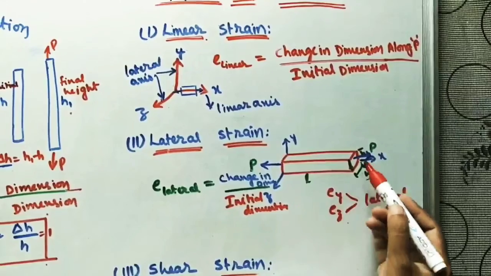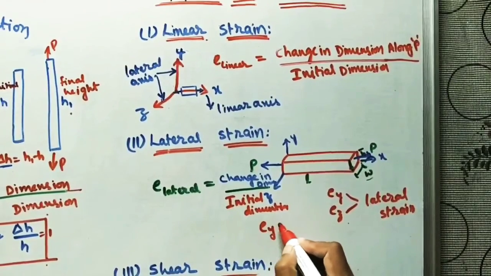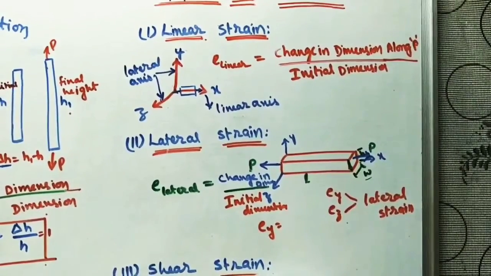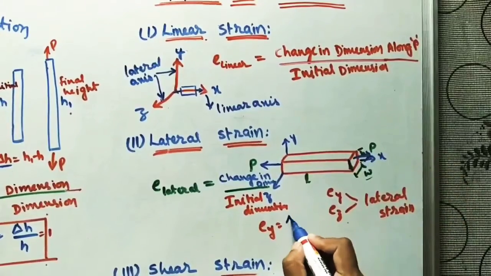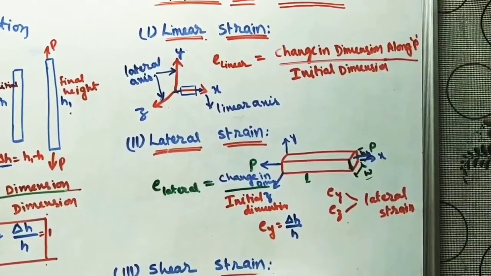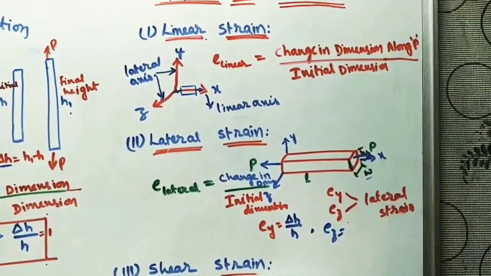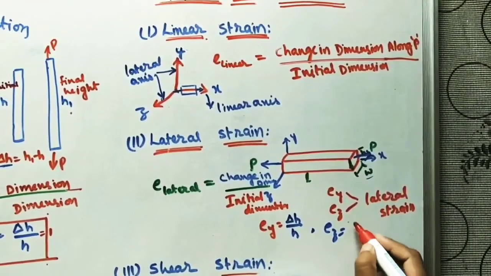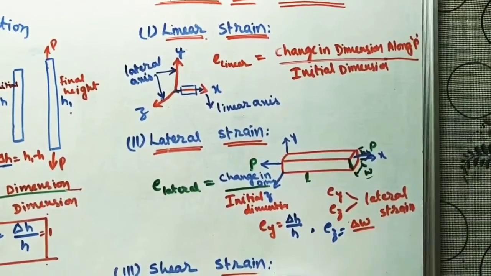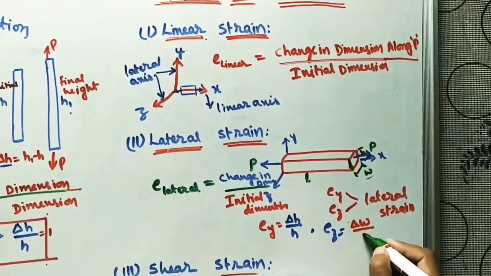If you are taking the y-axis, the formula is Ey, where we take the height: delta h by initial height. Similarly Ez along the z-axis, where we take the width, which is also getting reduced, so delta w divided by initial value w.